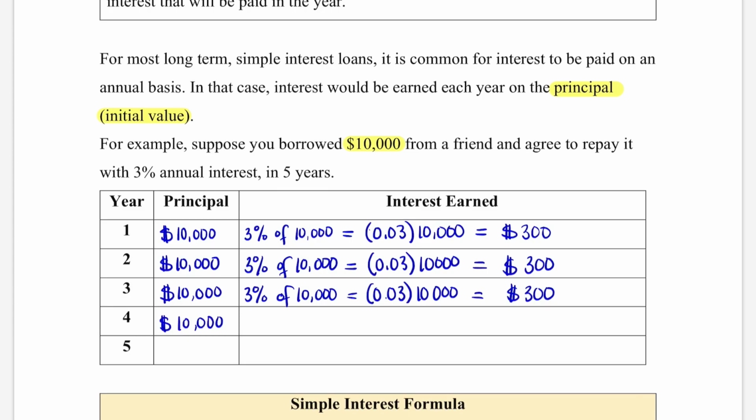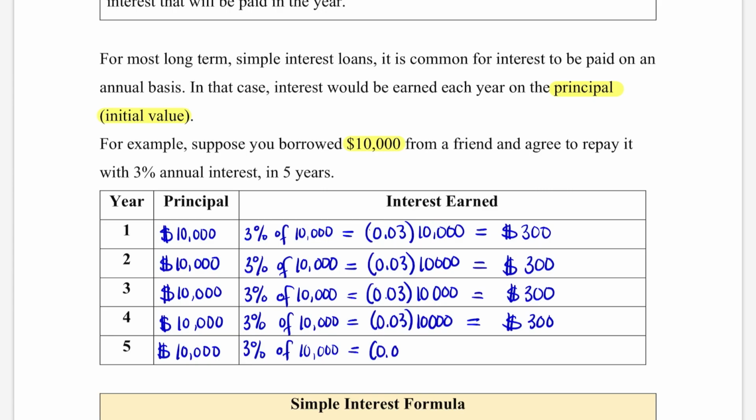The interest I'll pay is still 3% of the $10,000, which is also $300. And similarly on the fifth year, I still owe him $10,000. I pay him 3% interest, which is 0.03 times $10,000, which is $300.